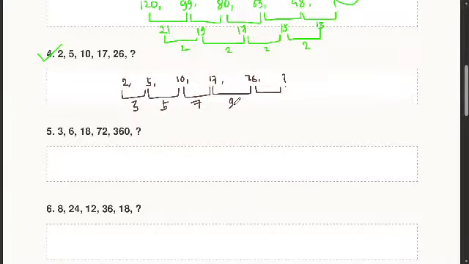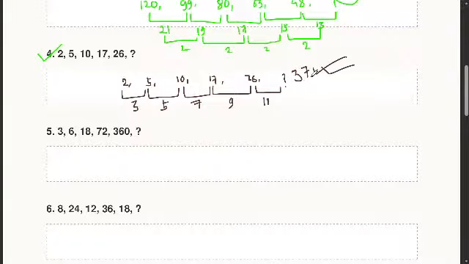So 9 and 2, that is 11. So this is added, and 17 and 9 is added, then we are getting 26. So 26 and 11 are added, then we will get this one. So 37. Okay.